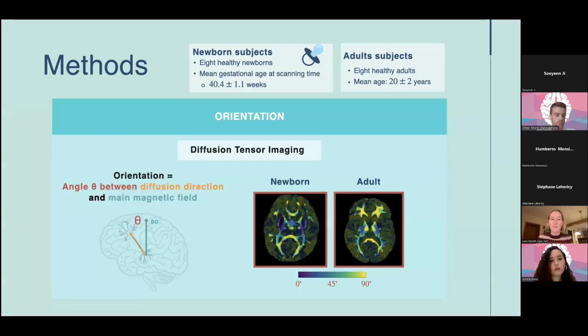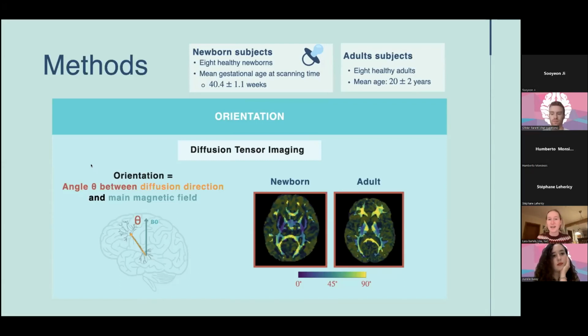So going on to methods, we looked at both 8 healthy newborn as well as 8 healthy adult subjects. For orientation dependency of R2, we need to measure two things, the orientation and R2. For the orientation, we used diffusion tensor imaging and characterized the local fiber orientation by the angle theta between the diffusion direction, which we used to approximate the local fiber direction, and the external main magnetic field.